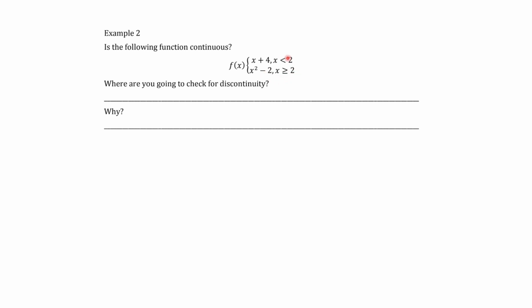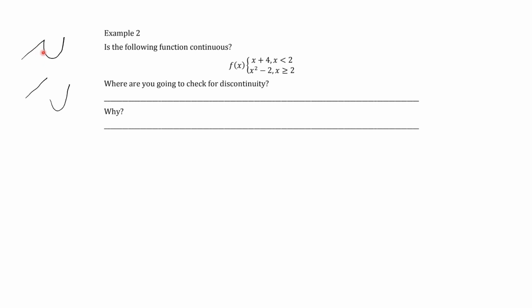So the problem, of course, is going to be at x is equal to 2, because we want to know, do those two functions connect? Is it that we have something that looks like this? Or do we have a function that looks like this?